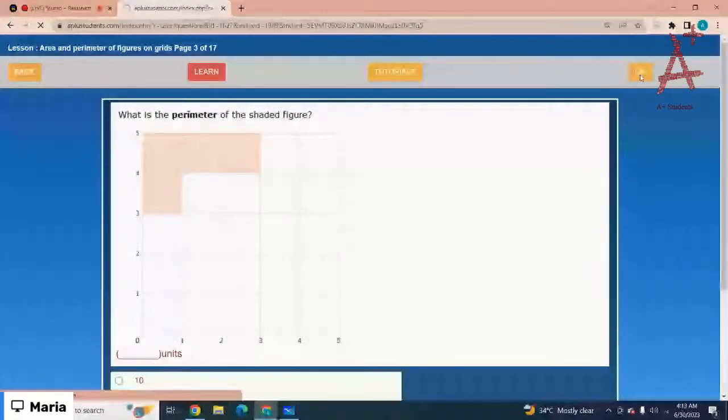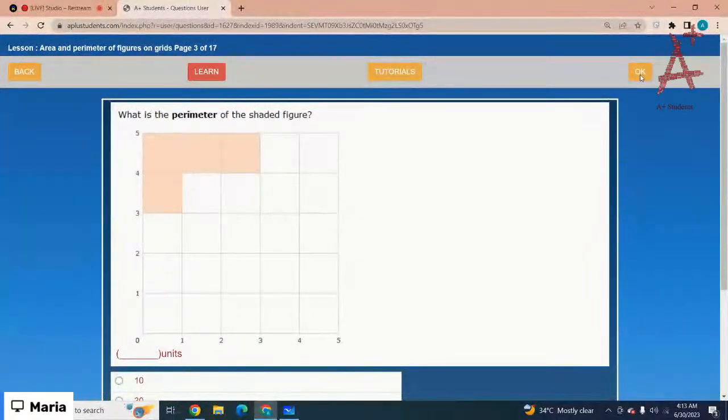What is the perimeter of the shaded figure? Okay, so whenever you have to count the perimeter, you have to start from one point and keep counting the lines.